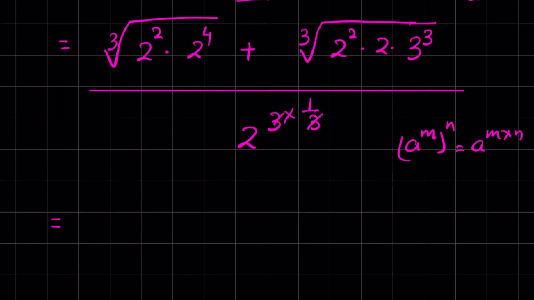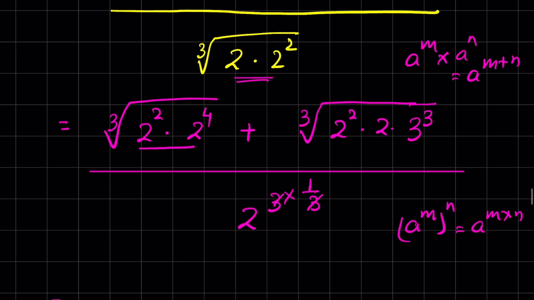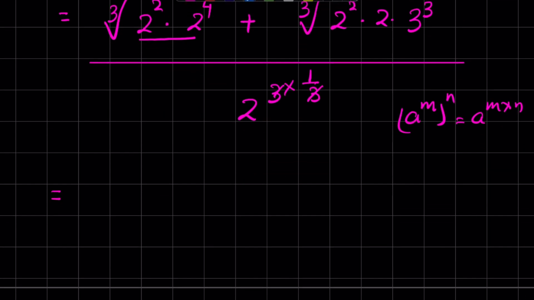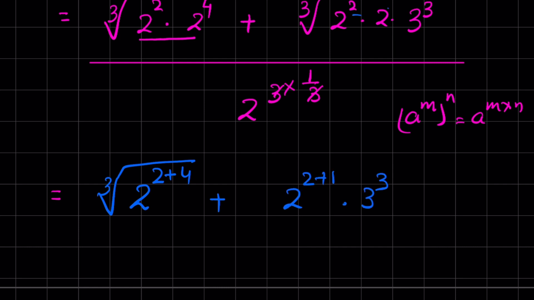Again in the numerator, here we can use this identity, a raised to the power m plus n. So it will be 2 raised to the power 2 plus 4 under cube root plus 2 raised to the power 2 plus 1 times 3 raised to the power 3 under cube root, then upon 2.